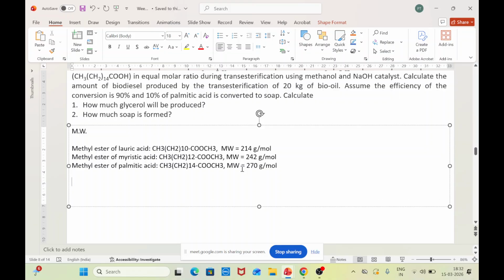And I'll also give what will be for glycerol. So glycerol formula is (CH2)2 (CH)(OH)3, and its molecular weight is going to be 92 gram per mole.